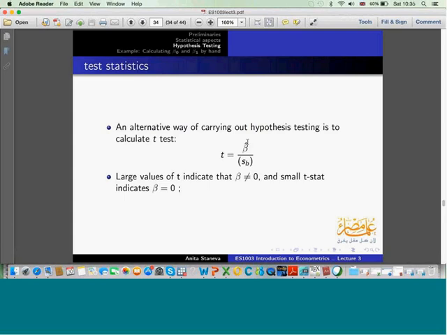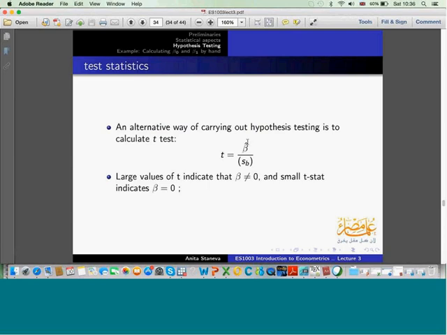A large value of t, large in the absolute sense, indicates that beta is not equal to 0, while a small value of the t-statistic indicates that beta is equal to 0. The mathematical intuition is that if beta hat is large relative to the standard error, then we can conclude that beta is significantly different from 0.